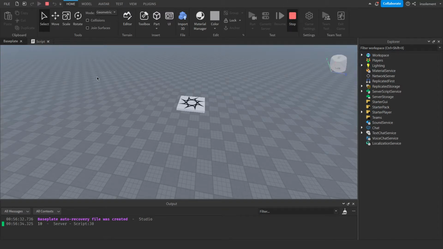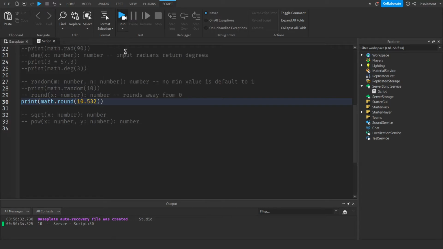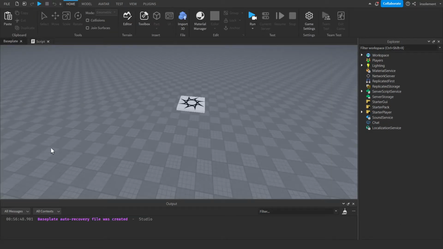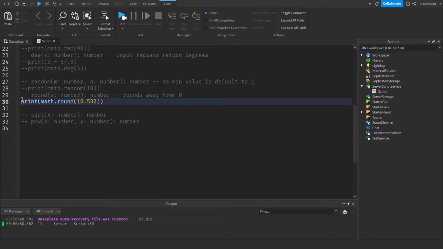When you round, 5 and up, you round up. 4 and less, you round down. We would change this to a 5, it would return to us 11. Right? Basic rounding rules.